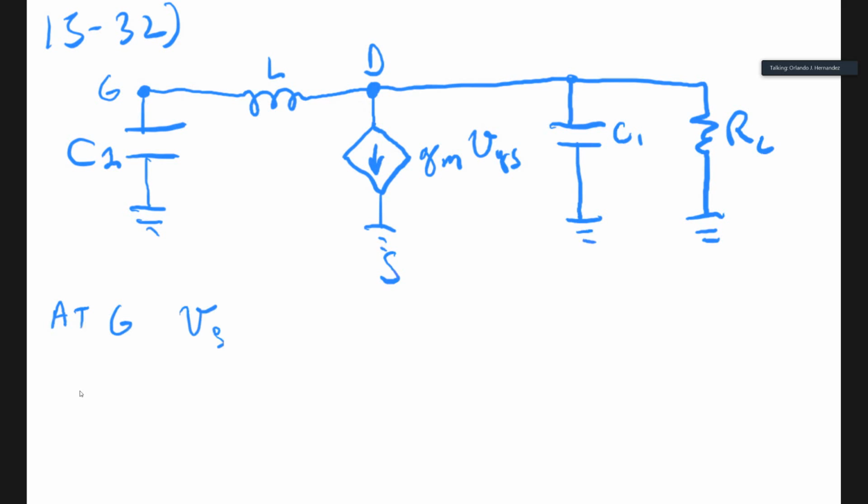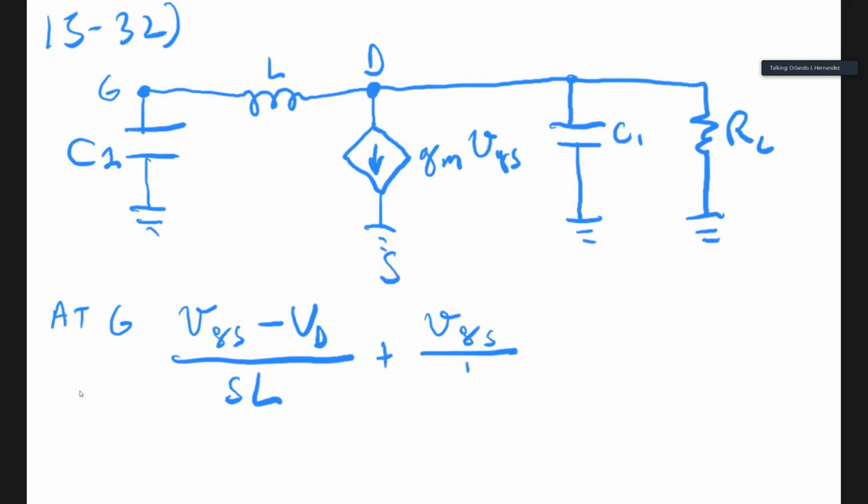So we get VGS minus the drain voltage divided by the impedance, the Laplace impedance of the inductor, plus VGS divided by the Laplace impedance of C2, and that is going to be equal to 0. I'm going to call that equation 1. All right, so now I'm going to make some space here.